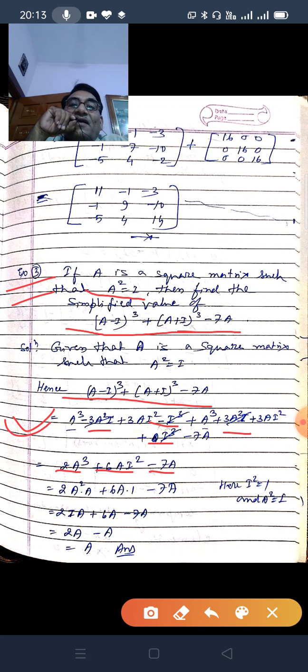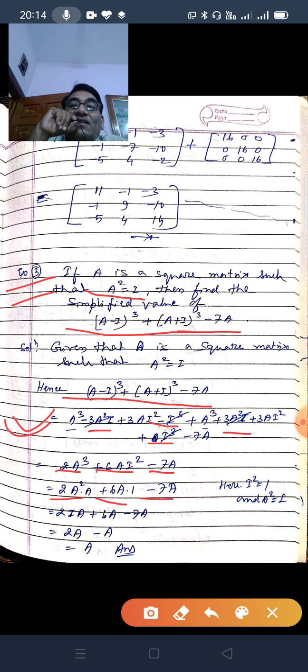Then 2A cube can be written as 2A square into A, A cube being split into A square into A, and plus 6AI square, where I square is I because the square of matrix I is I, and minus 7IA.